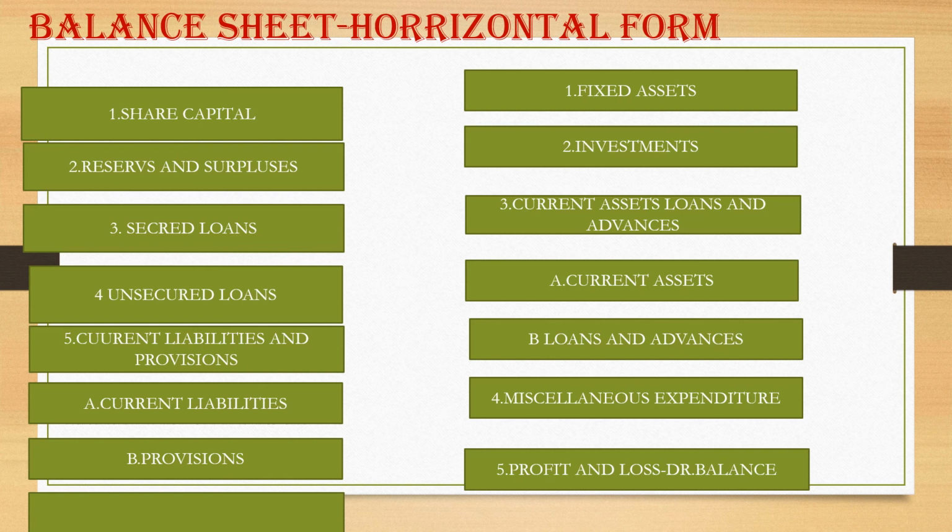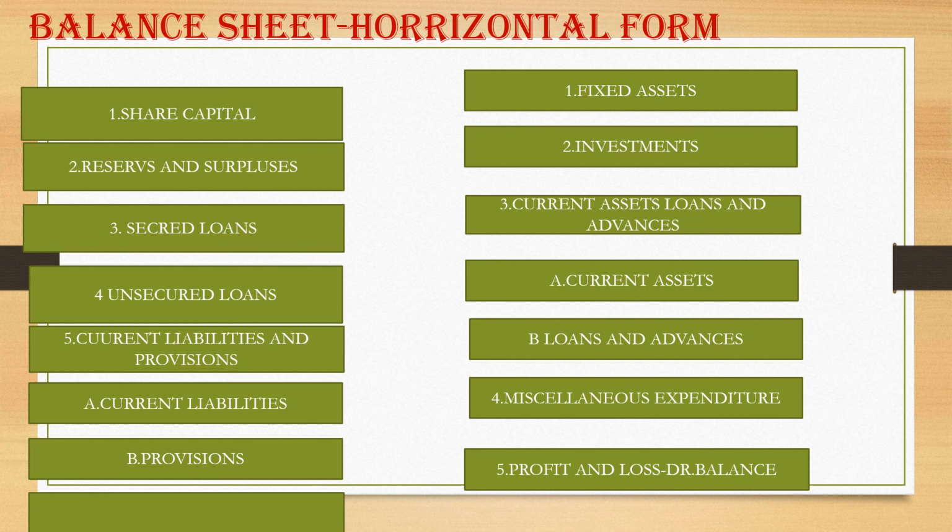Now loans and advances. As I told you, if the company has given an advance to some employee which is repayable by the employee, or loans to directors or managers which are payable within 12 months, they come under this. Miscellaneous expenditure. What is miscellaneous expenditure?